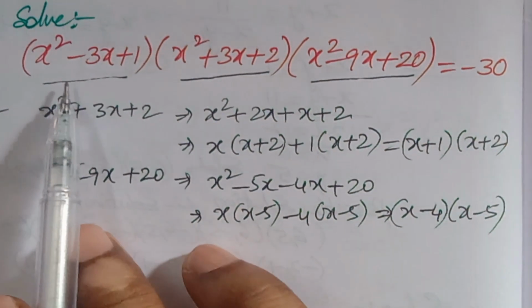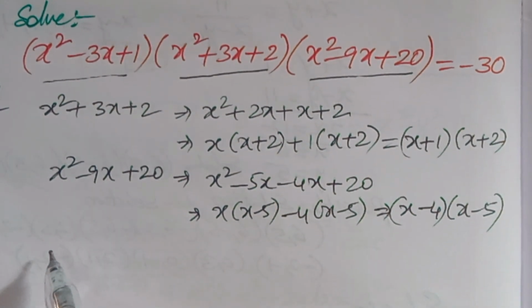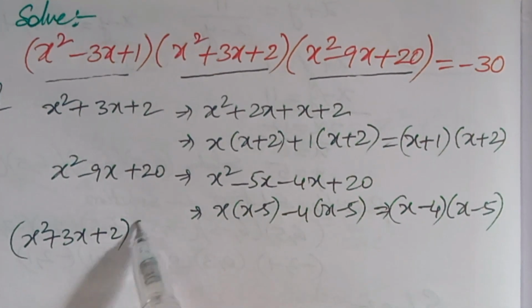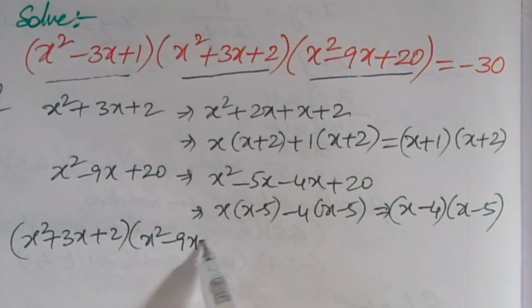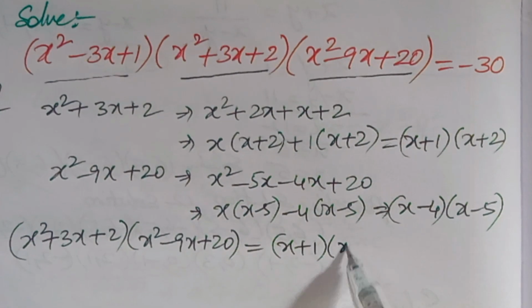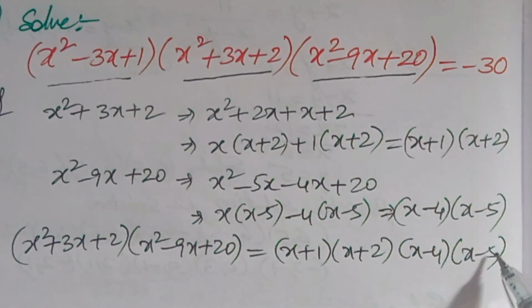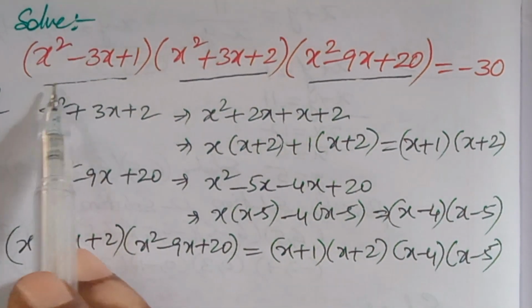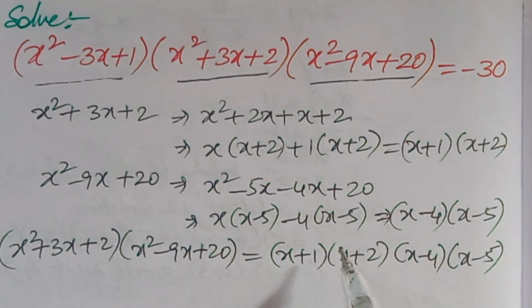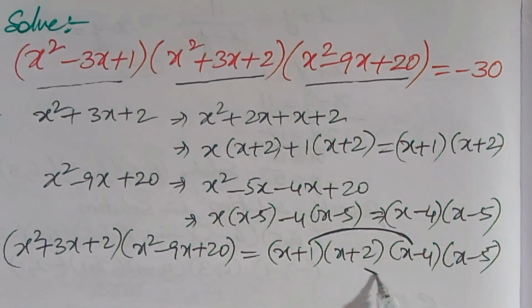So here our target is to make all the three values have something common. So here x² + 3x + 2 into x² − 9x + 20 is (x + 1)(x + 2)(x − 4)(x − 5). So our target is to get x² − 3x. So I am taking the first one and third one, second one and fourth one.